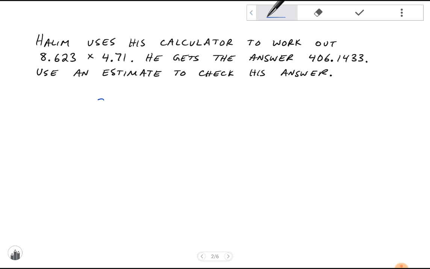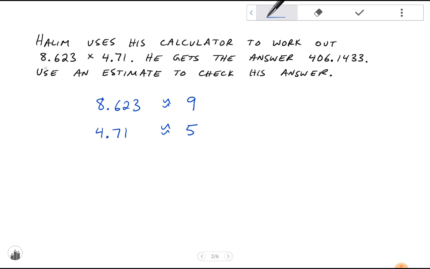All right, so we need to round 8.623 to something sensible, and we need to round 4.71 to something sensible. So for me, both of these values, I'm just going to round to a whole number, an integer. 8.623 is approximately 9, and 4.71 is approximately 5.